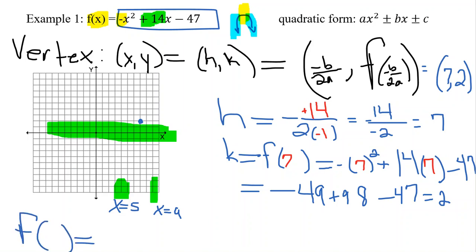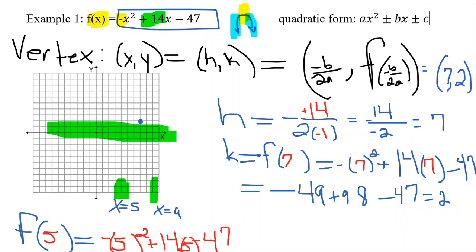I'm going to take this f of x function, and everywhere there is an x, I'm going to plug in 5 and see what I get. And then I'm going to do the same for the 9. So now I have negative 5 squared. 5 squared is 25, so negative 25.